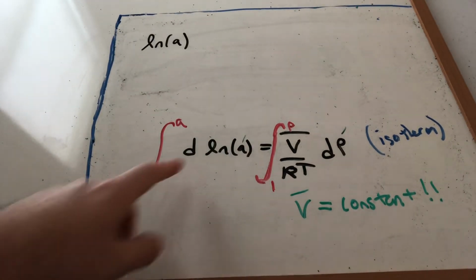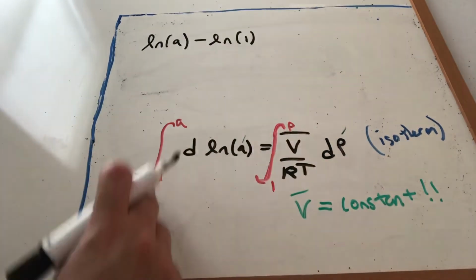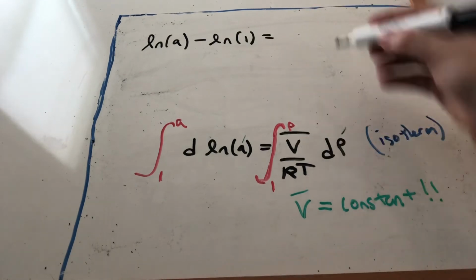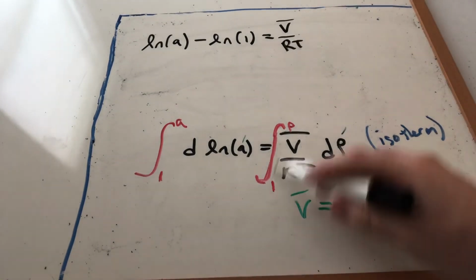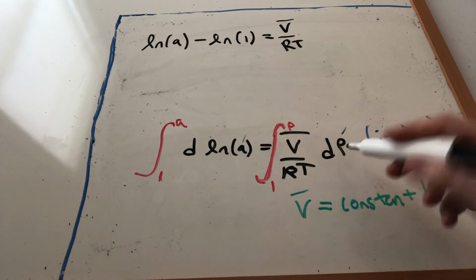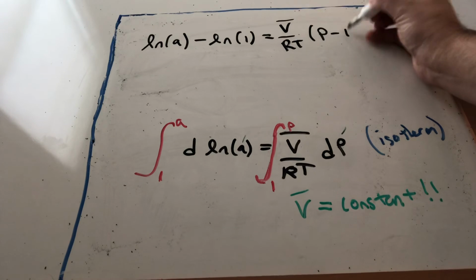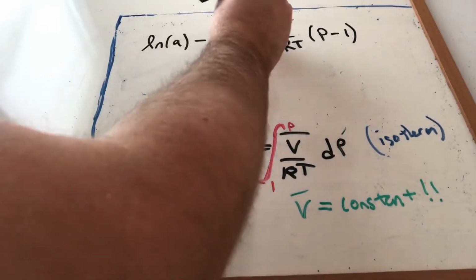Now I'm going to subtract the natural log evaluated at an activity of 1. On this side, my V over RT comes out front, and I'm going to have the integral dP evaluated from 1 to P. So it looks like P minus 1. The natural log of 1 is 0.